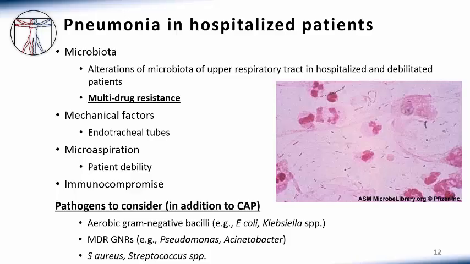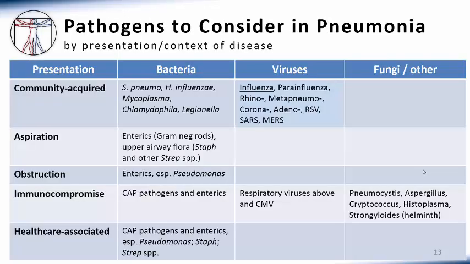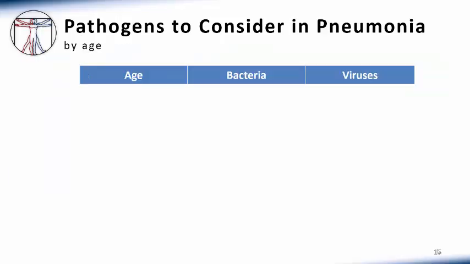So here's a list of other organisms to think about in pneumonia syndromes in hospitalized patients. This chart summarizes the patient and microbial factors to consider in individual patients discussed in the previous slides.